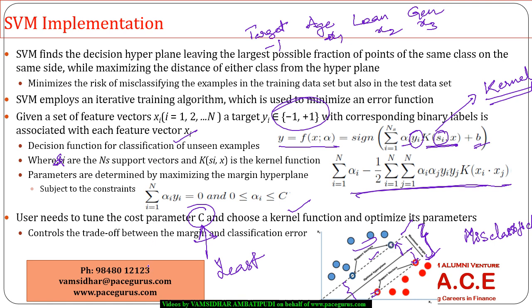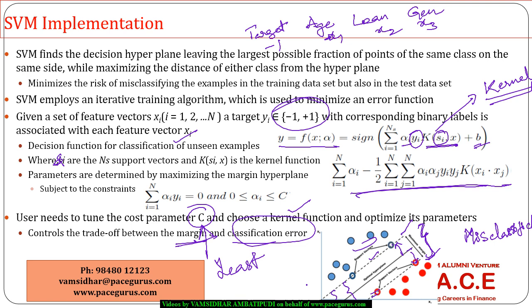overall misclassification rate. So what is the margin? We are talking about maximizing the margin between the two groups, but at the same time I want the misclassification error to be the least possible. So we are trying to get into the trade-off between these two activities.